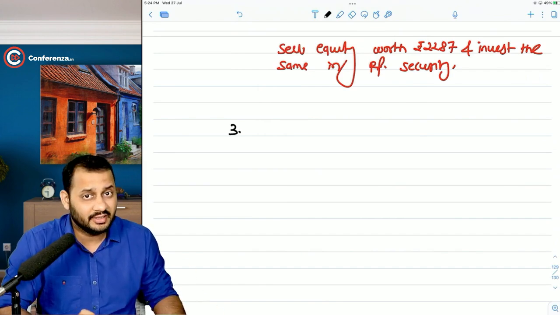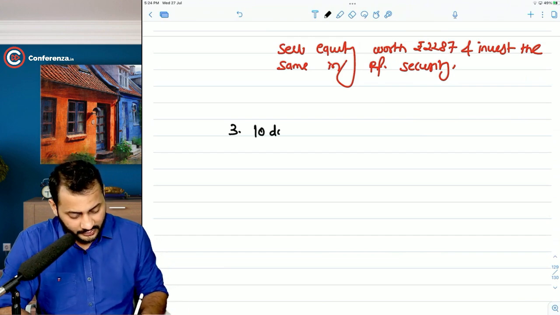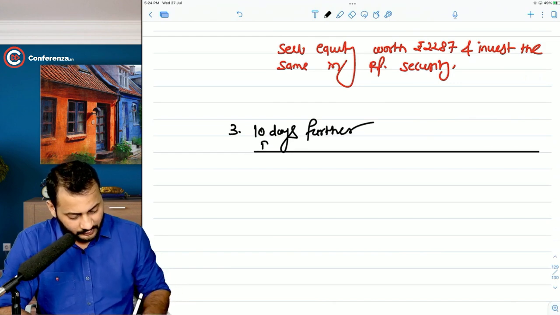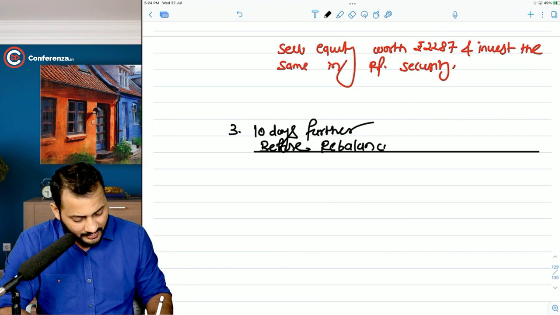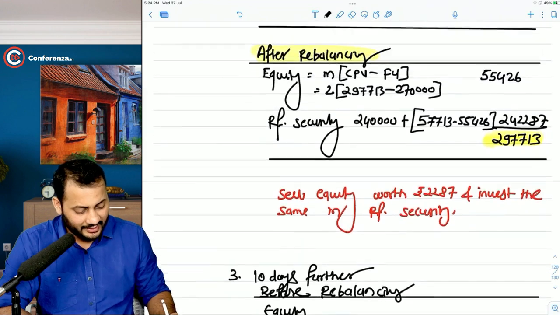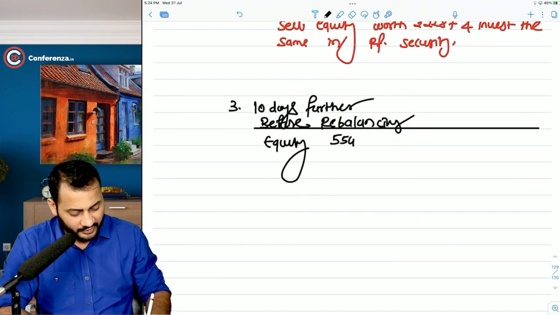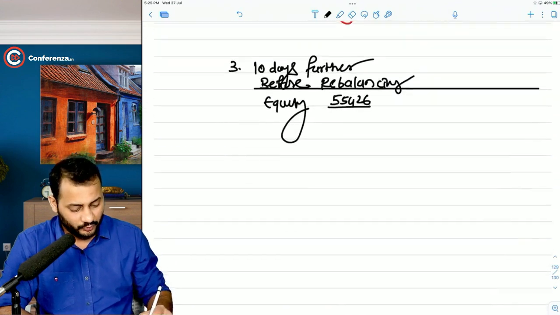After 10 days again, you are going to come back and do the same activity. We are going to write down 10 days further. We will first analyze the current situation of the portfolio. This will be called the before rebalancing situation. So you had an equity balance of 55,426, remember, 55,426 when the market was 5122.96.